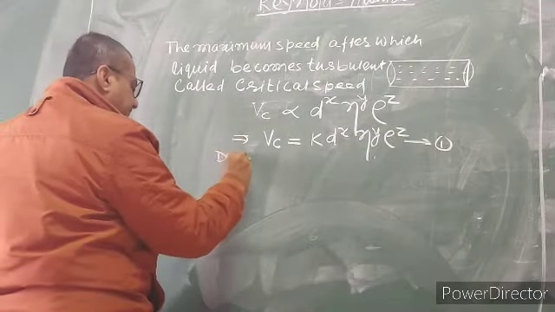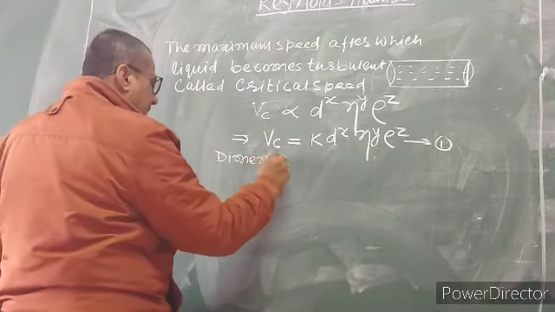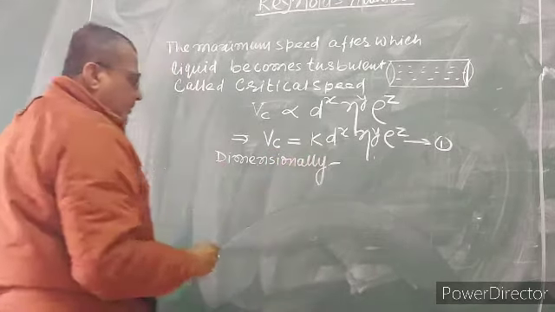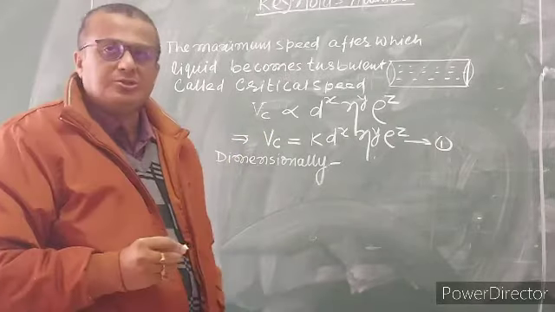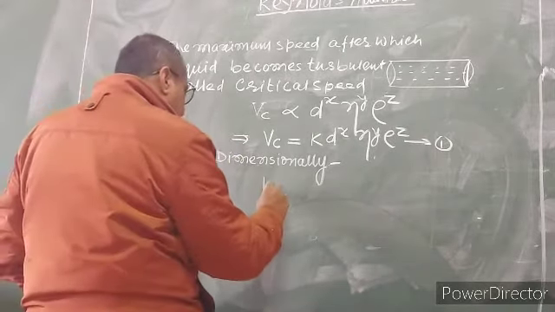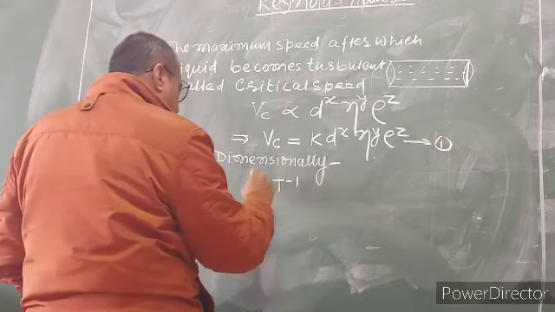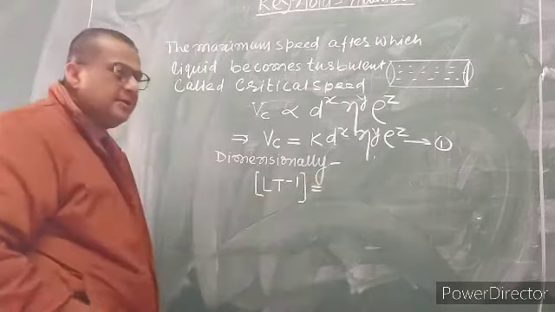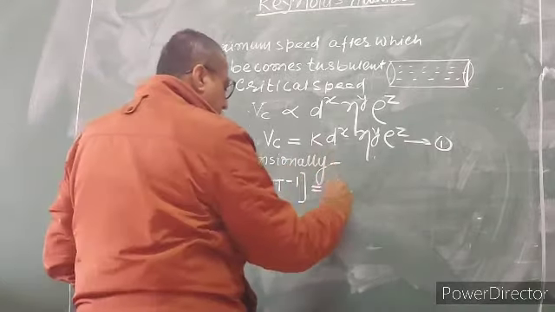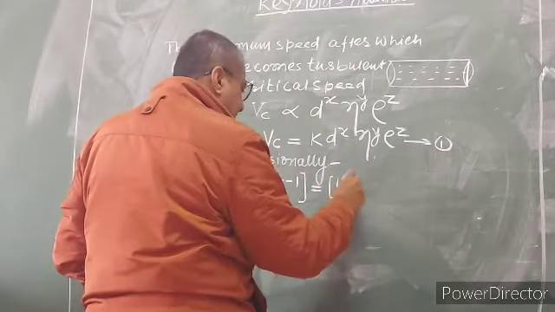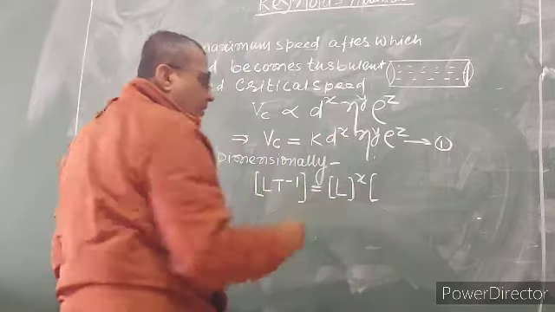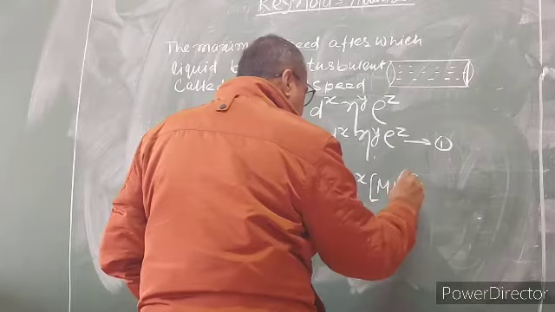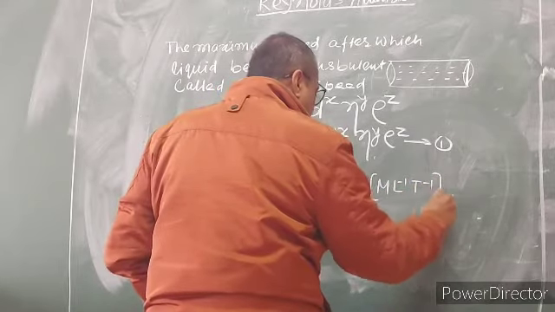Dimensionally, Vc, that is velocity, is L T minus 1. K is dimensionless. D, diameter, is L^x. Eta, coefficient of viscosity, is M L minus 1 T minus 1 to the power y.